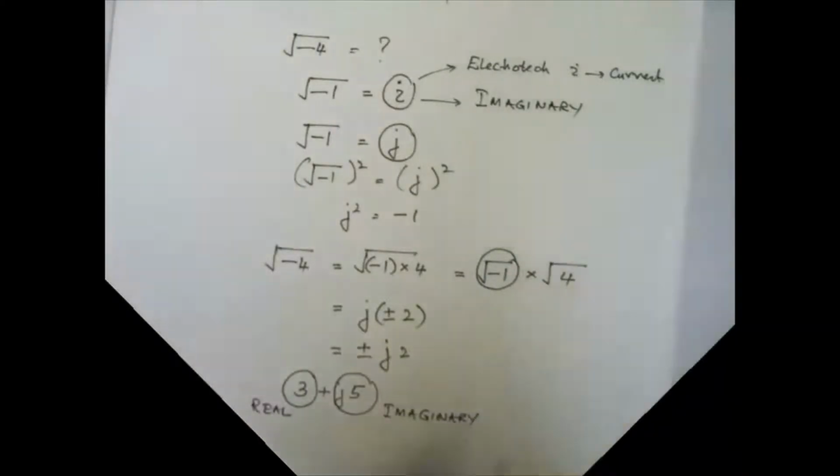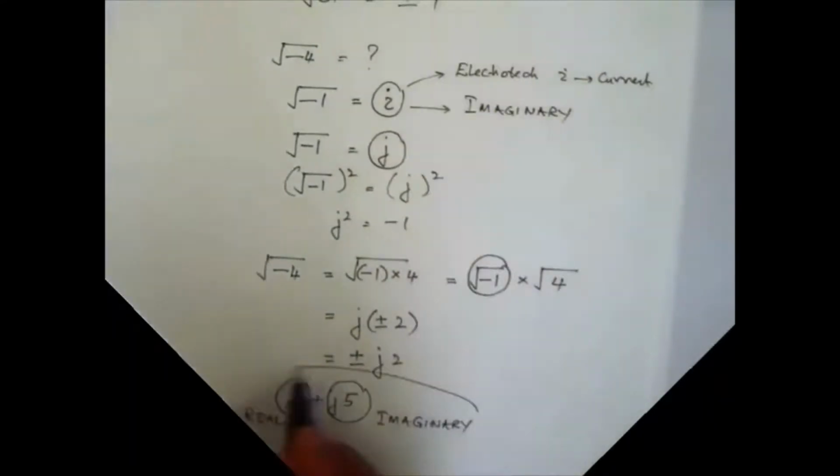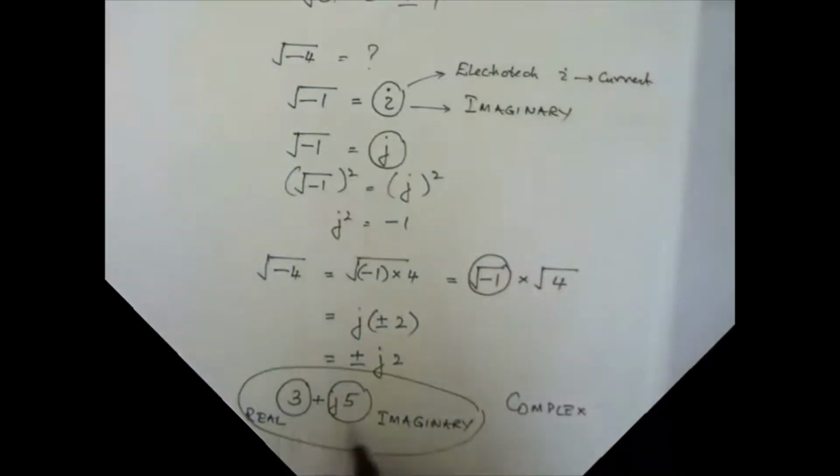That's how we define a complex number, and this whole number is a complex number. And a complex number need not necessarily have both a real part and an imaginary part. It can be only the imaginary part as well. That means the real part is equal to 0.